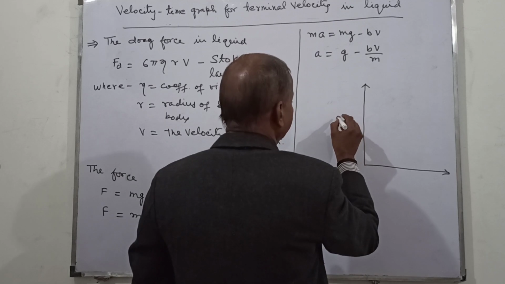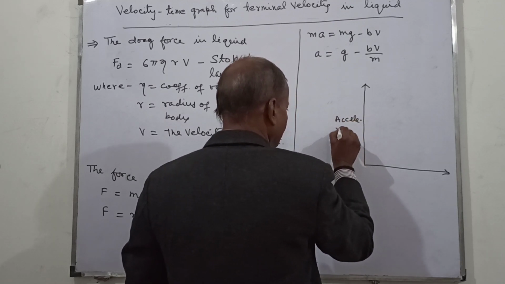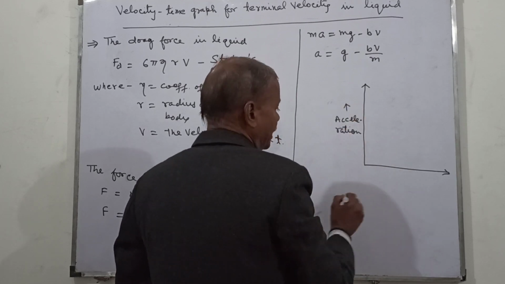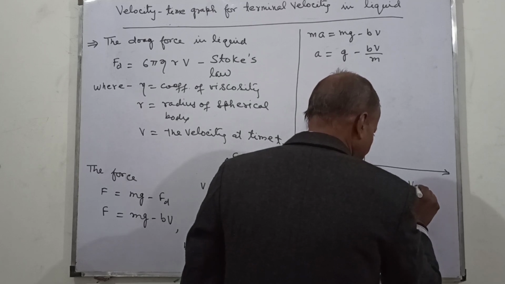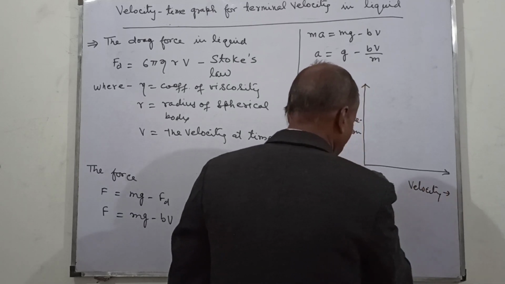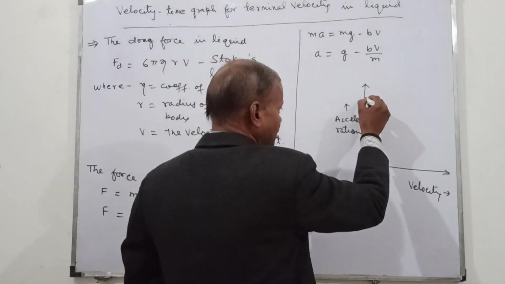Now suppose we take the acceleration on this axis and the velocity on this axis, and this is the straight line equation.